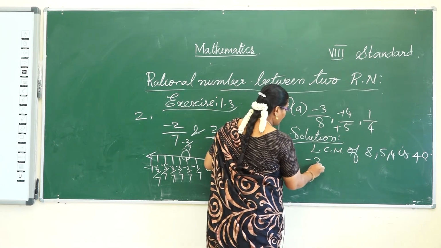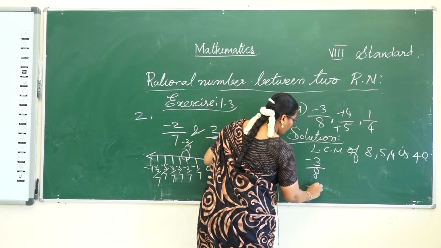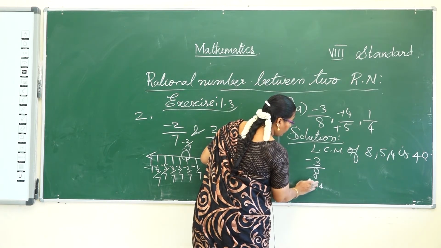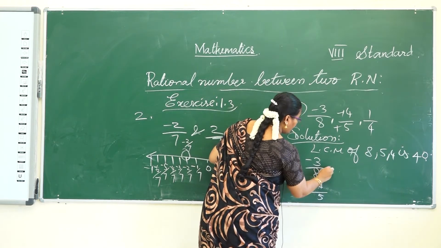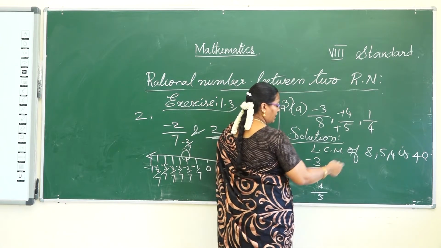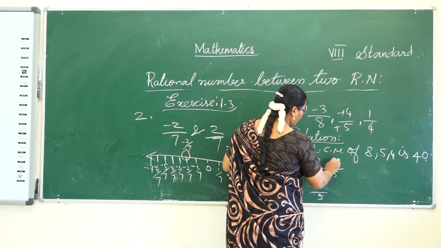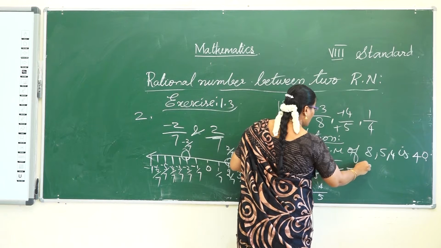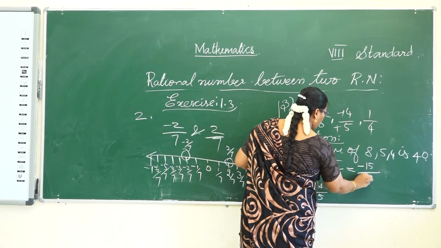So the first one is minus 3 by 8 and the second one is 4 by 5. The number by which we multiply the denominator to get 40, we multiply the numerator by the same number. 3 5s are 15, so 8 5s are 40.